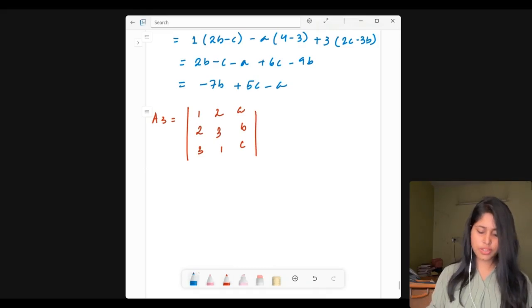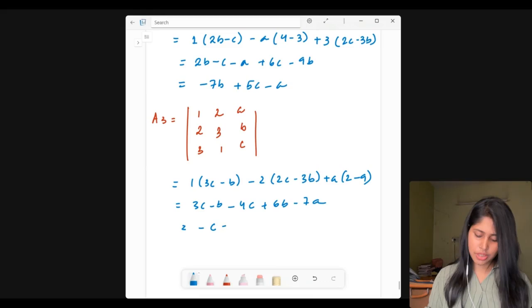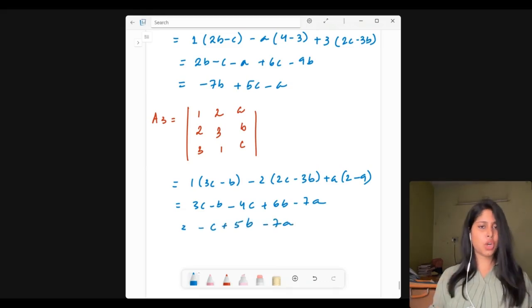The determinant is 1 into (3c minus b) minus 2 into (2c minus 3b) plus a into (2 minus 9), which equals 3c minus b minus 4c plus 6b minus 7a, which is equal to minus c plus 5b minus 7a. So we have already got our three determinants, A1, A2 and A3.